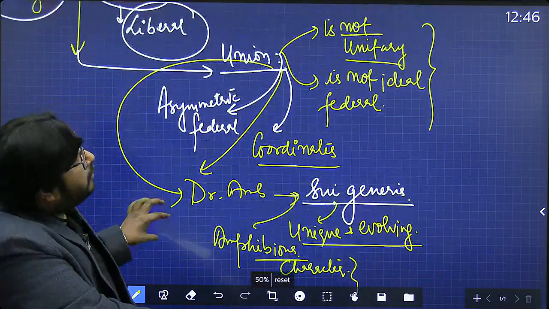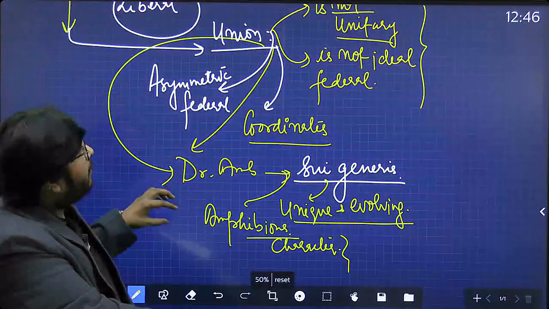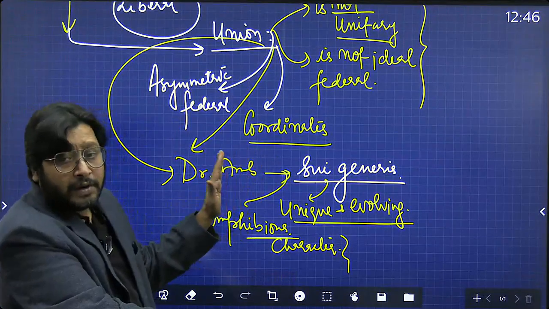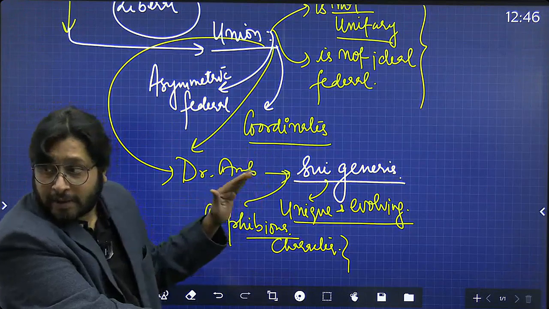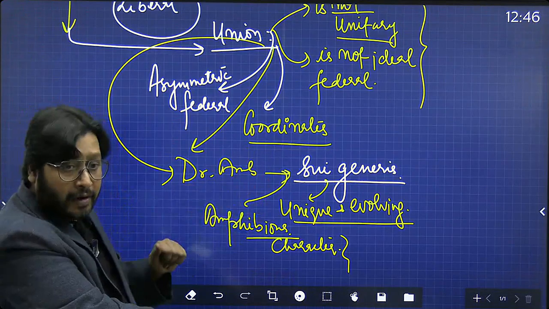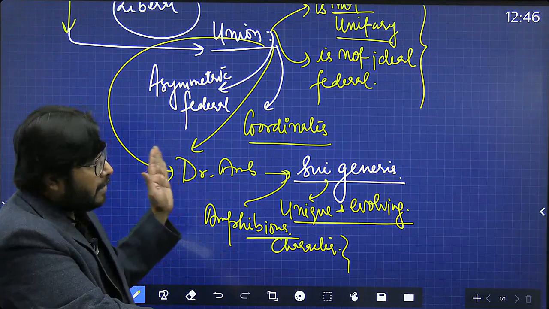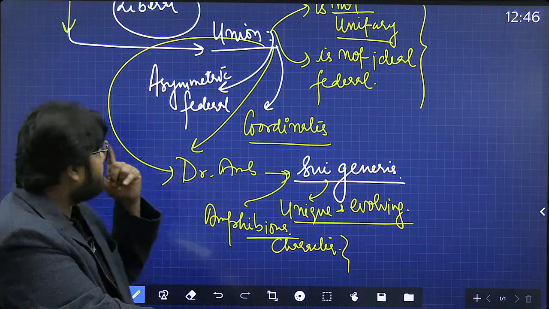So it is not unitary, it is not ideal federal, it is asymmetric federal, with coordinates rather than superior and subordinates, one of its own kind. It has diverse characteristics and can be federal and unitary as per time and circumstances.